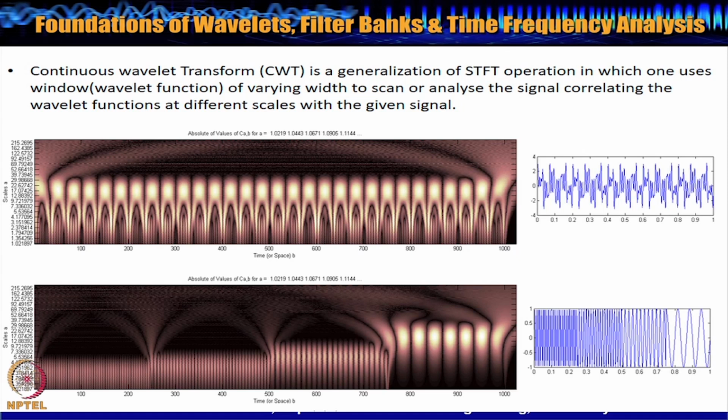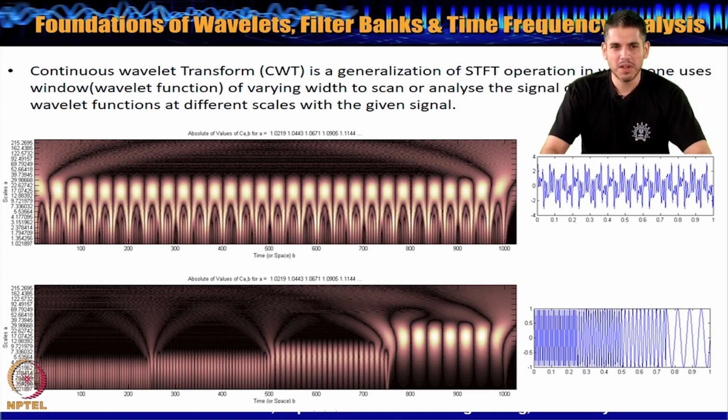And by slight tweaking of commands in MATLAB, you can actually convert this scale or the y-axis readings into their respective frequency readings. There is a slight trick in MATLAB. I encourage you all to go ahead and try that trick and, instead of scales on the y-axis, try to have frequency readings on the y-axis.